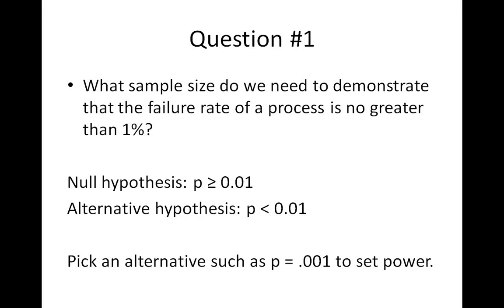Now, people sometimes get disturbed by how large the sample sizes are for these binomial problems, but it's a fact of life. You know, if you're trying to determine whether your defect rate is 1% or 1/10%, you don't do that from 25 items. I mean, you just think about it, right?